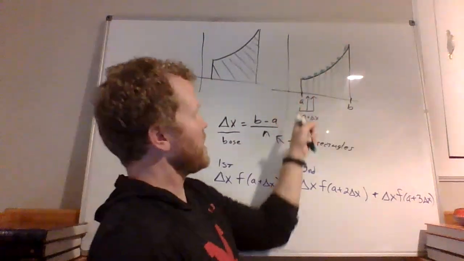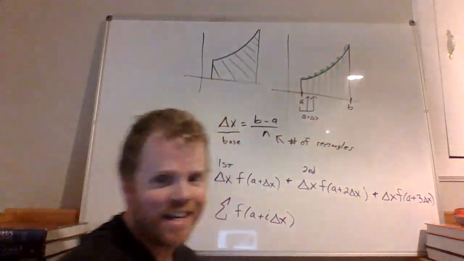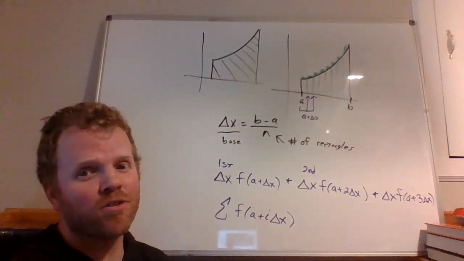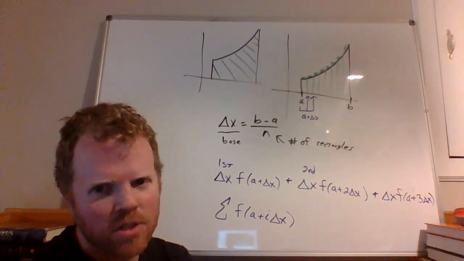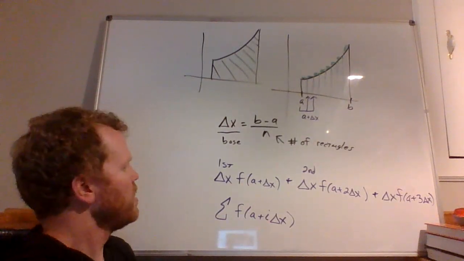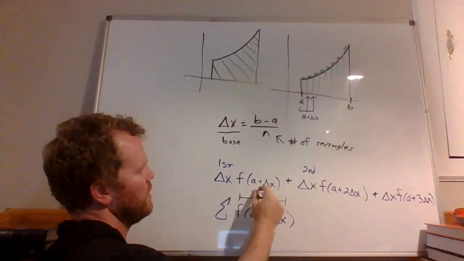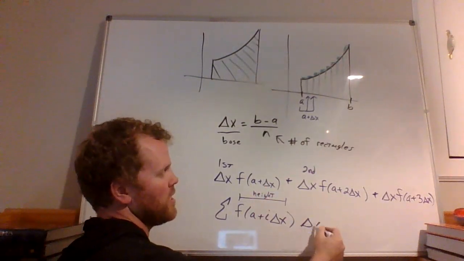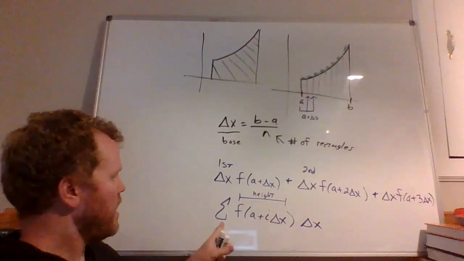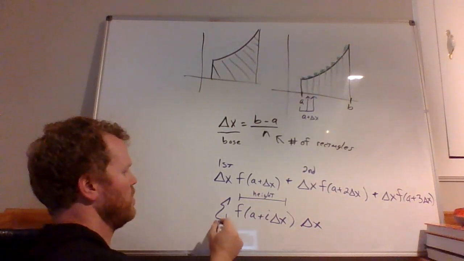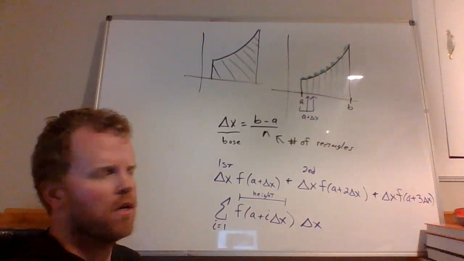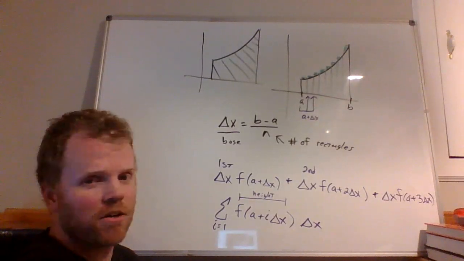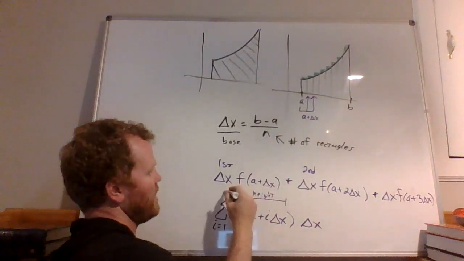To get the first rectangle, you move from a once. To get the second rectangle, move from a twice. Third rectangle, move from a 3 times, etc. So this is the height. The base is always just your delta x. And then at the bottom, you start at 1. And how many rectangles do you want? Well, that's again what n is.